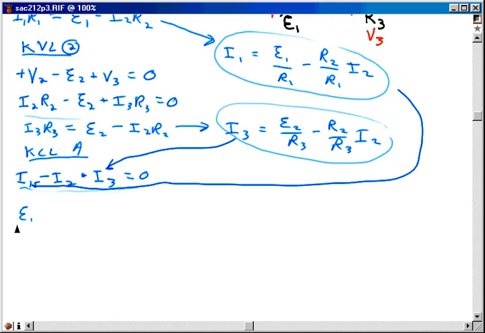So that'll read E1 over R1 minus R2 over R1 I2. Okay, that's the I1.